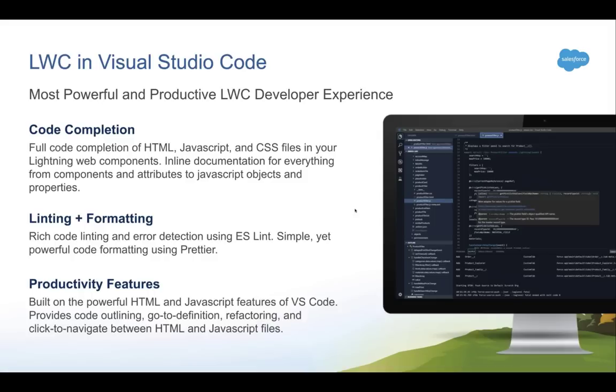There's linting with an open source, community-built tool and with our custom rules for ESLint, and really nice code formatting with Prettier, all built in and available in VS Code. It's built on the functionality that VS Code already provides, so refactoring, go to definition, and all those different productivity and navigation features are available too.